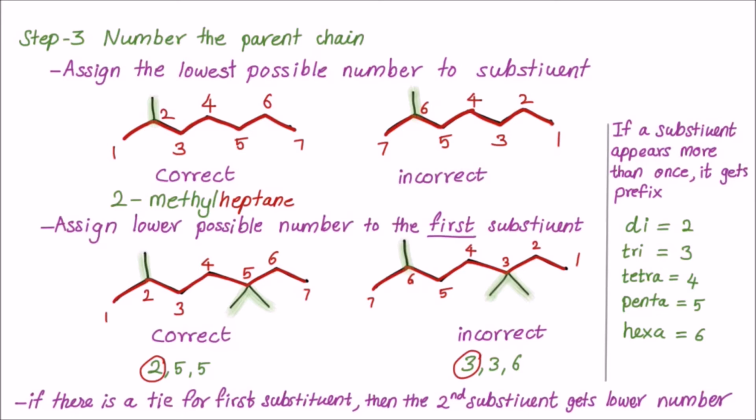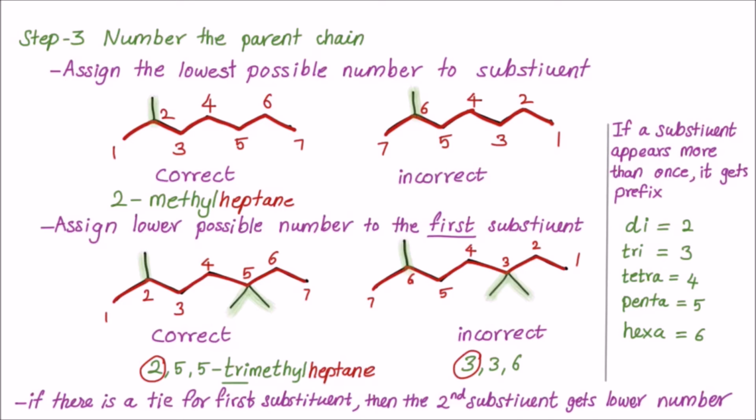In the bottom example, we have substituents located at the 2, 5, 5 locations, and the name of the substituent is trimethyl because it appeared 3 times on the parent chain. Trimethyl is the name of the substituent, 2,5,5 is the location, and heptane is the name of the parent chain. So that's the complete name for this structure.